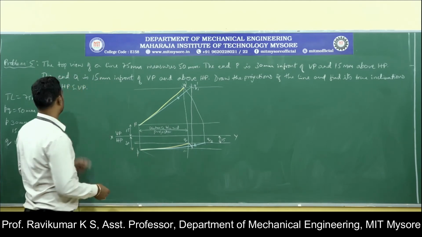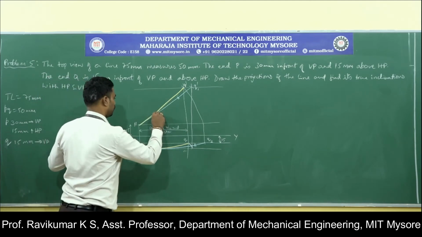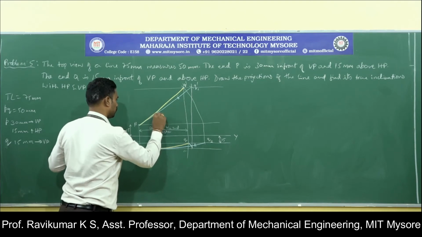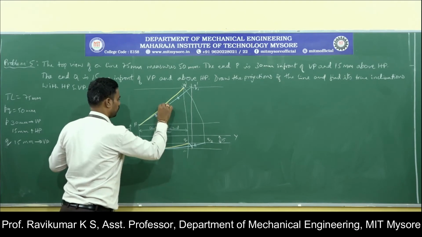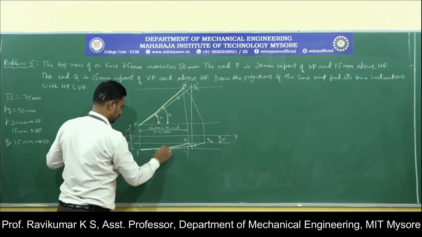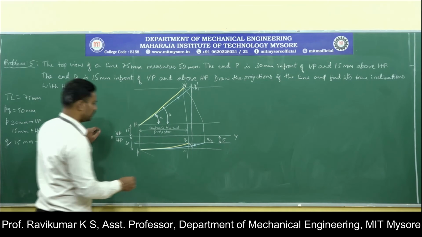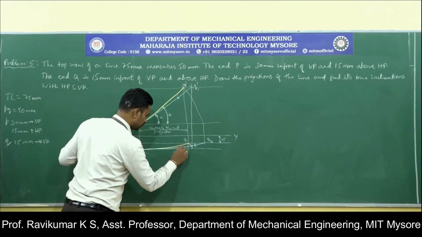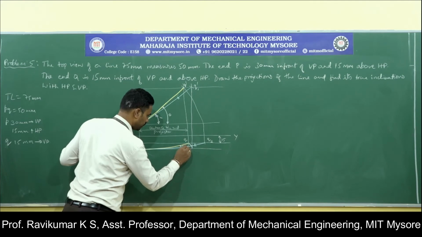Now you need to measure the inclinations, like this is alpha and this is theta, and then this is beta and this is phi.